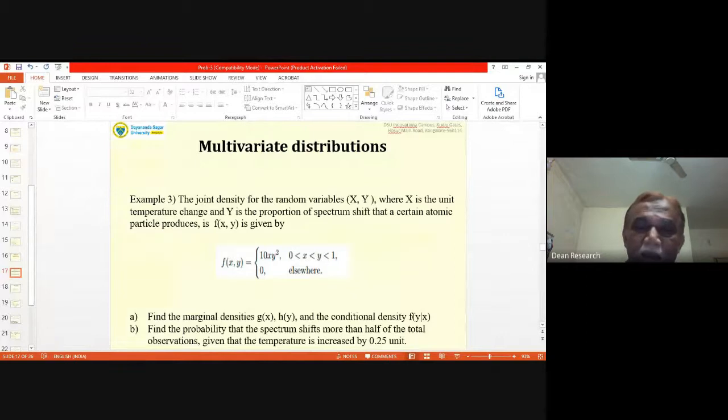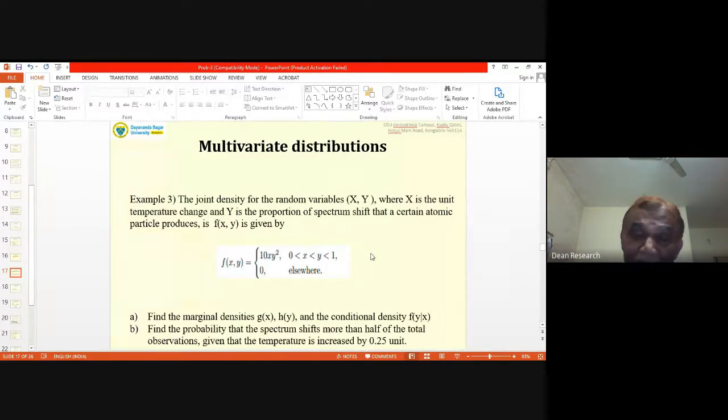Okay, this is the problem given. The joint PDF is given. Now you'll have to get the marginal densities g of x and h of y, and the conditional density f of y given x. You may find it a bit involved, but it's not that tough. And furthermore, find the probability that the spectrum shifts more than half of the total observation, given that the temperature is increased by 0.25 unit.